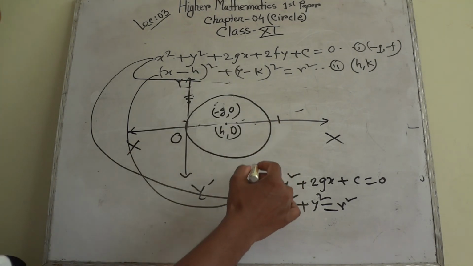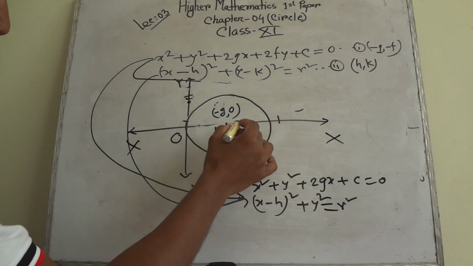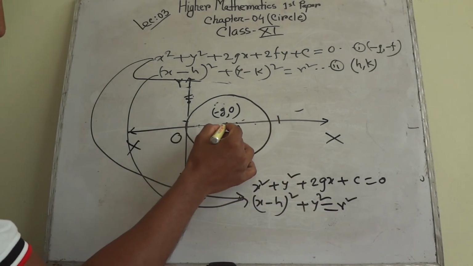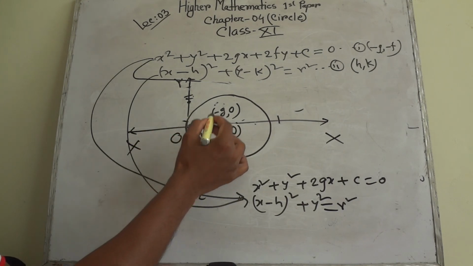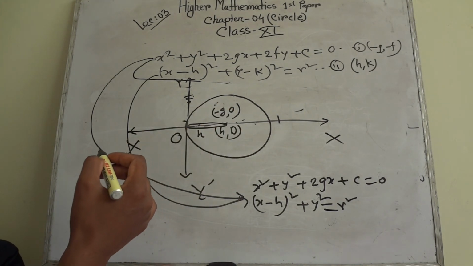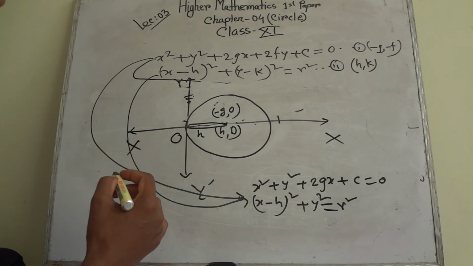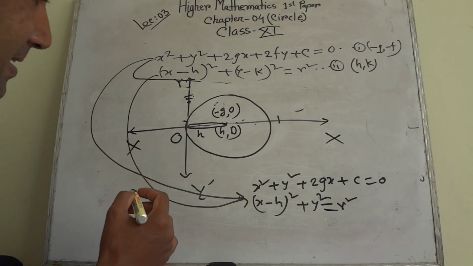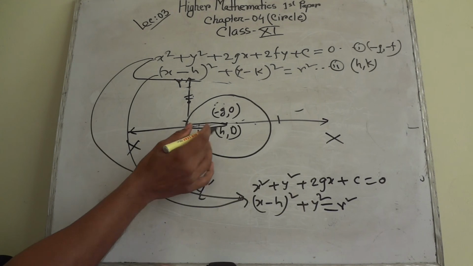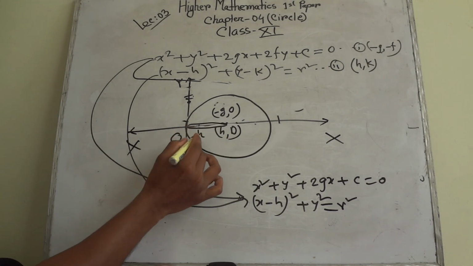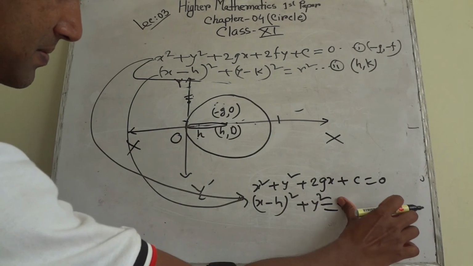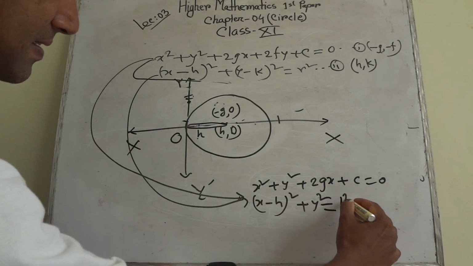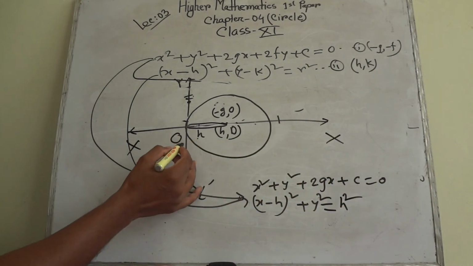So we can write from here to here, that means this measurement is equal to f. That means the radius will be f. Clear? As this measurement is equal to f, the equation of circle will be r square.